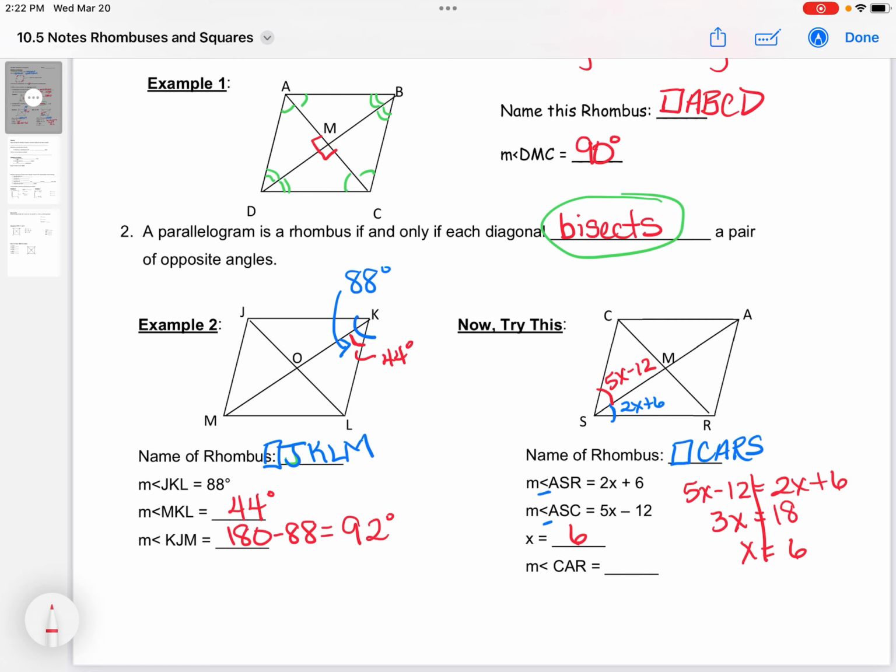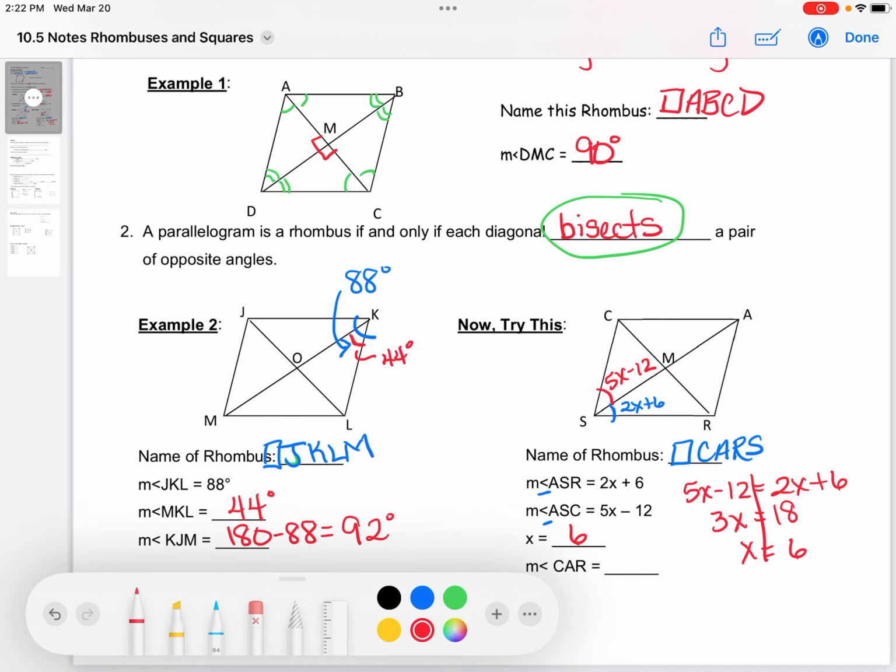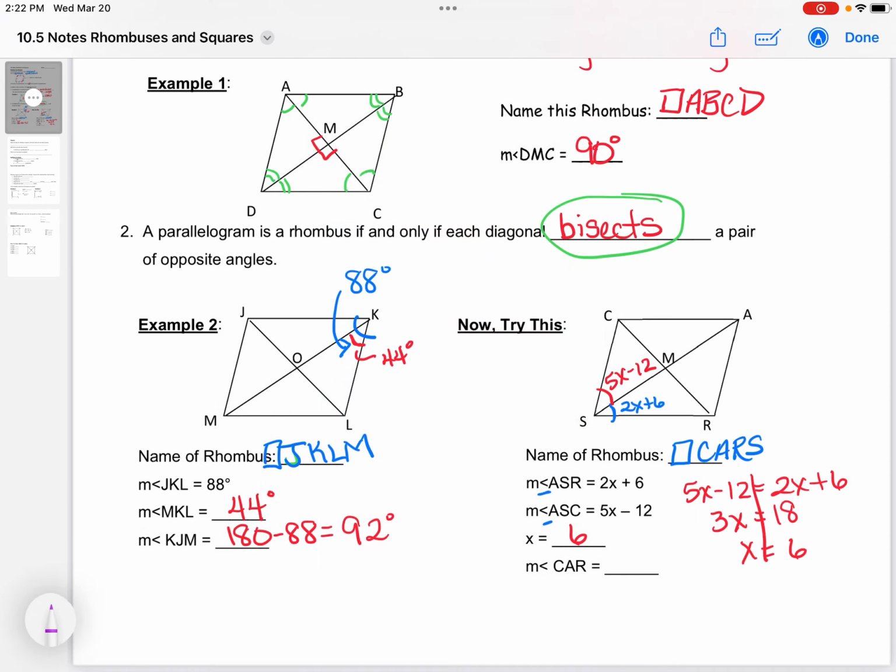And the measure of CAR. So the measure of this angle is going to be double, the same as angle S. So I'm going to put 5 times 6 minus 12, is 30 minus 12, is 18.